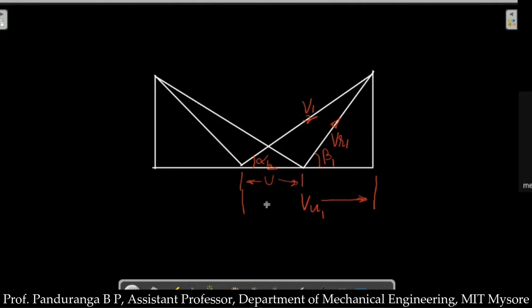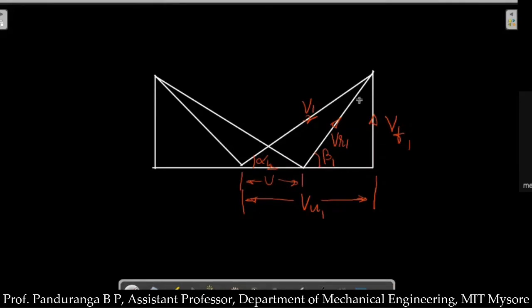The horizontal component here, we call the tangential velocity component or tangential component of absolute velocity, which is vu1. And the vertical component, we call the flow velocity vf1. So we have two components for v1. This portion of the triangle is a right angle triangle, and it is present only because we are resolving v1 into vertical and horizontal components.